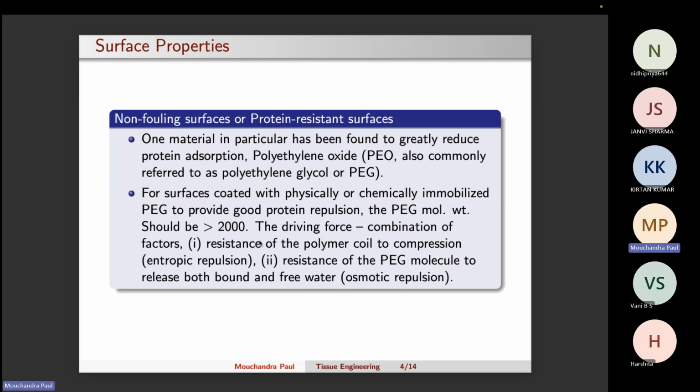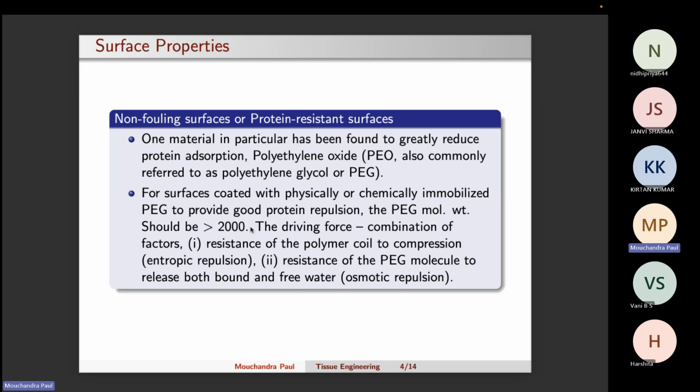What people have observed is that it makes the surface gain a very good tendency to repel proteins from adsorbing, and this kind of behavior is observed only for those PEG polymers which have a molecular weight of 2000 or more. So a higher molecular weight polymer has to be used to make a surface non-fouling.